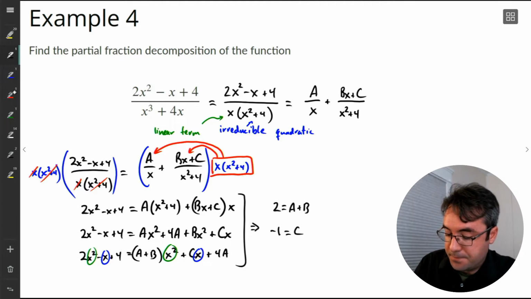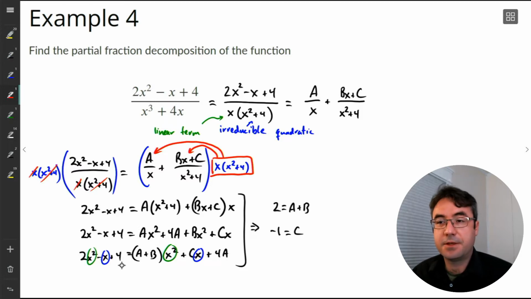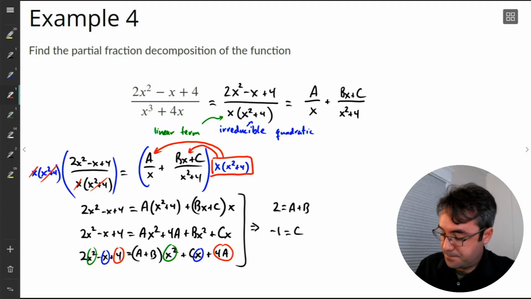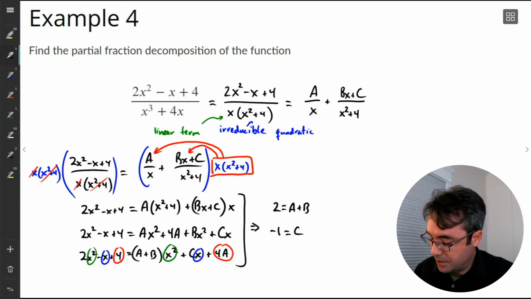And so finally, we look at just the lone constant terms, really coefficients of x to the 0. We have a 4 over here, and we have a 4a over here. So that means if we set those equal to each other, 4 must be equal to 4a.